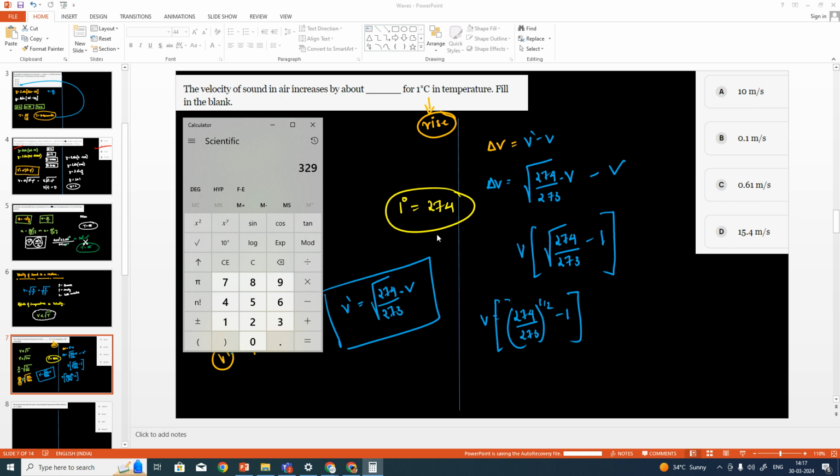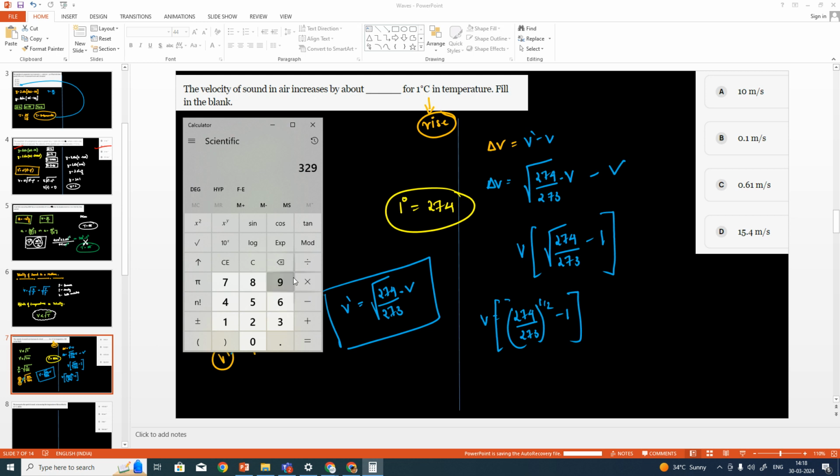Have we substituted properly? One is 274, 273. Yes, 274 divided by 273 minus 1. 330, this is a small value, right?